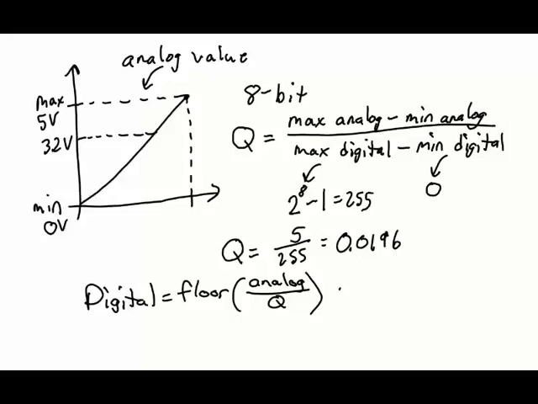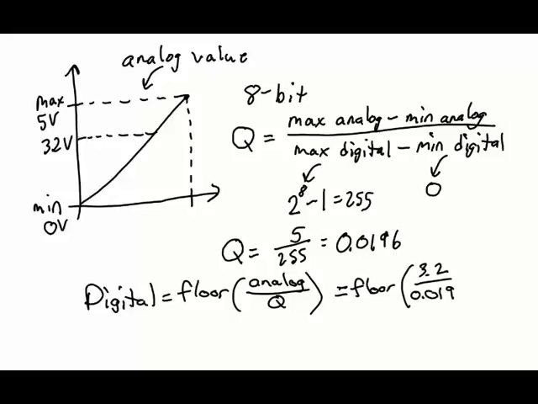And we've also made an assumption that this analog sensor can give me a voltage anywhere between 0 volts and 5 volts. We'll now convert 3.2 volts to a digital value. The digital value is equal to the floor of the analog value, 3.2, divided by the quantization factor, 0.0196.